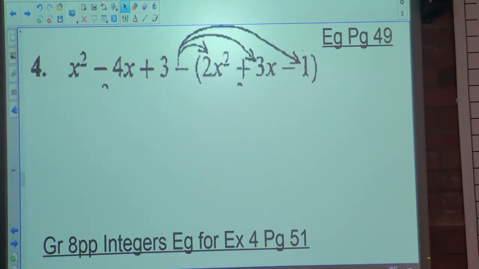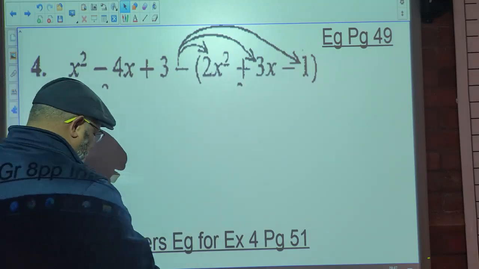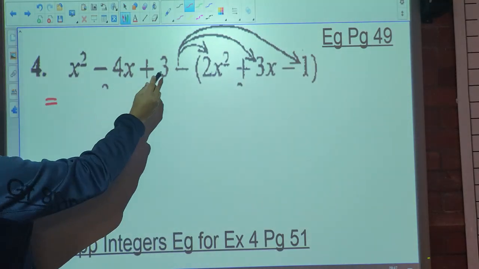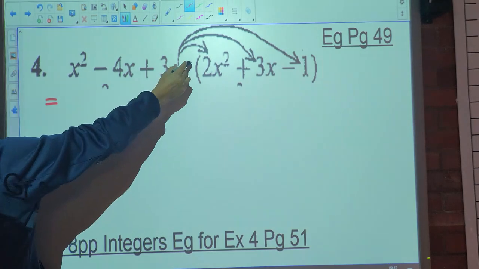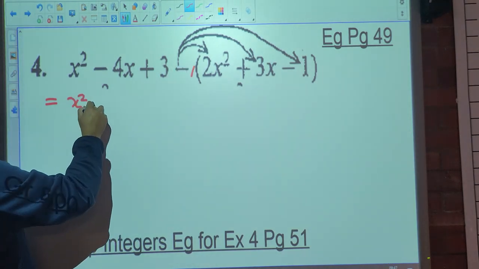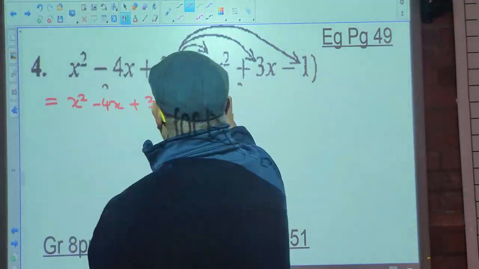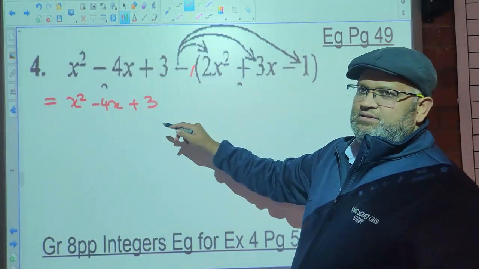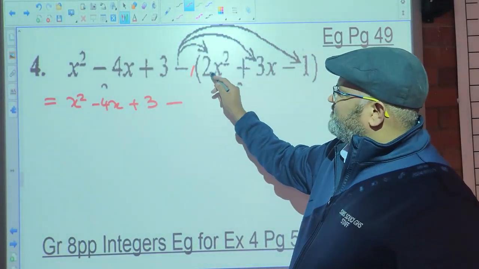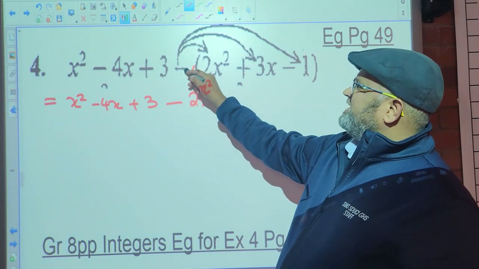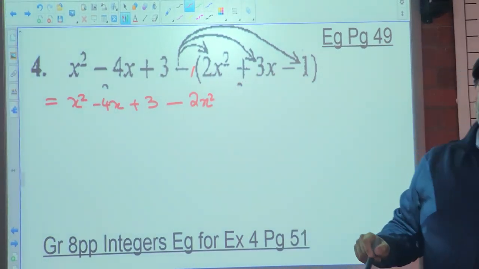Number 4. We've got x squared minus 4x plus 3 minus open brackets 2x squared plus 3x minus 1. What needs to be done first? Brackets, by multiplying the negative 1 in. So I've got x squared minus 4x plus 3. What's negative 1 times 2x squared? Negative 2x squared. Negative 1 times positive 3x?